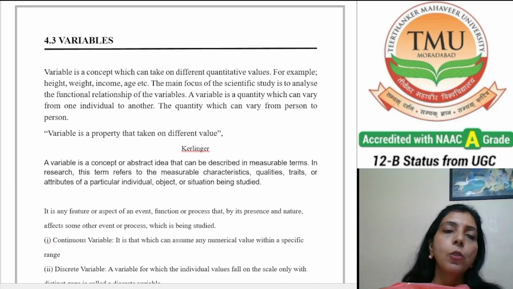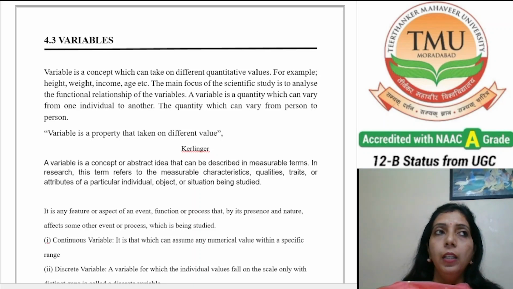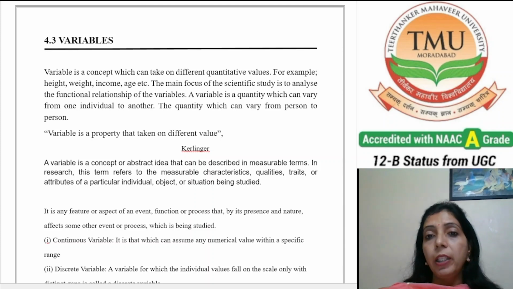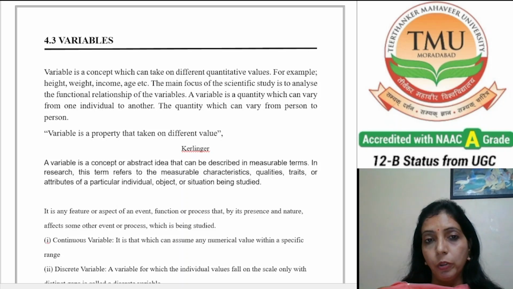As we can guess, or like the name suggests, something that varies, something that can take different values, that can change values. So, it is a variable that varies, that takes up different values.